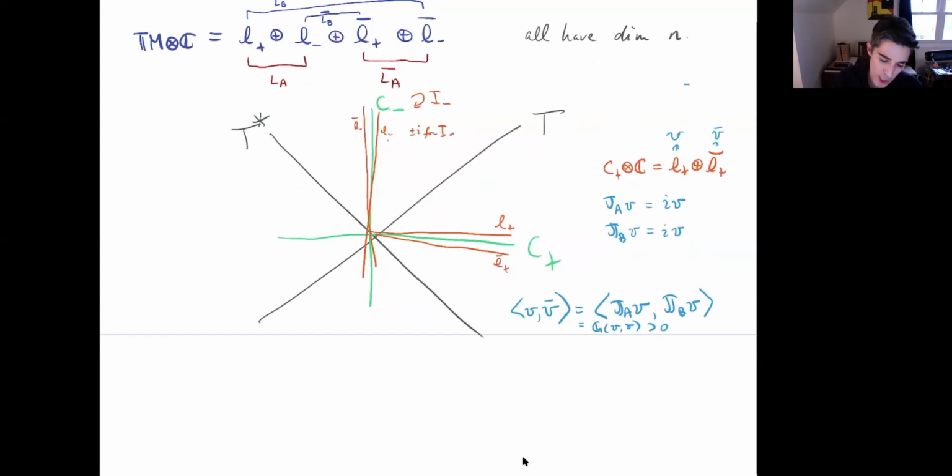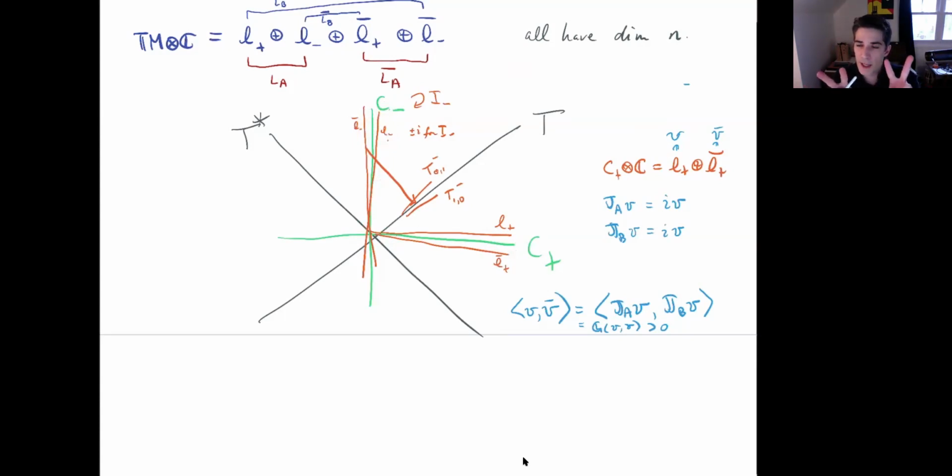And when we project these down, we're going to get a decomposition of the tangent bundle into plus and minus i. So I'm going to get T^{0,1} minus and T^{1,0} minus. So the way you should look upon these orange subbundles is that they are the Dolbeault tangent spaces T^{0,1} and T^{1,0} for I minus, and T^{0,1} and T^{1,0} for I plus.